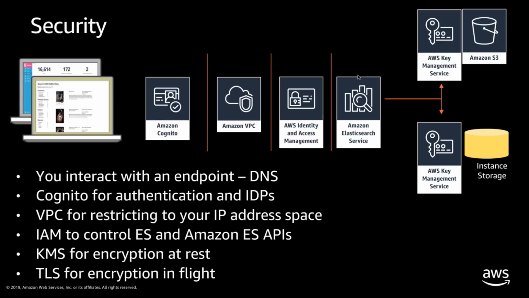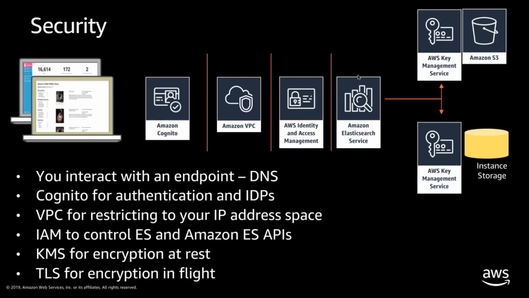We do also support node-to-node encryption within the cluster so that your communications are encrypted when they go internally. We also support TLS to the endpoint. Then moving up the stack, we do have identity and access management. As I said, that allows you to control by principal or by IP address the actions that different sources can take on the cluster, down to an index level for the API.